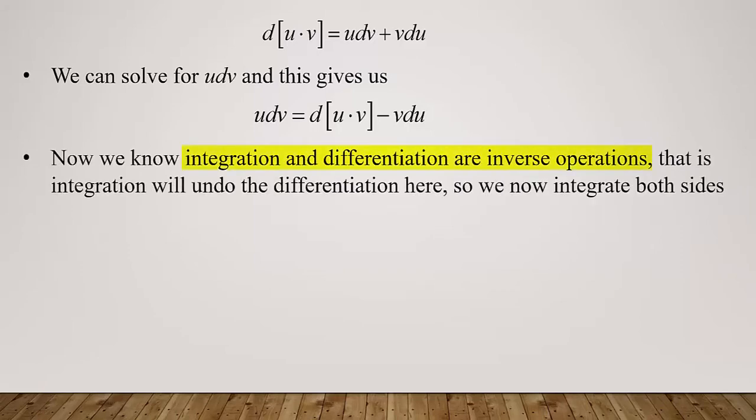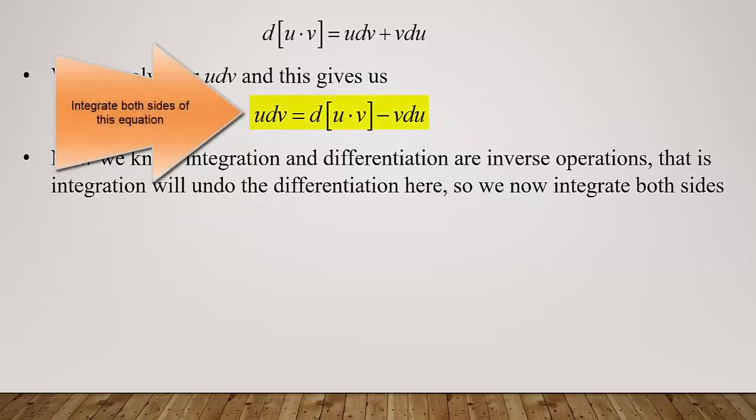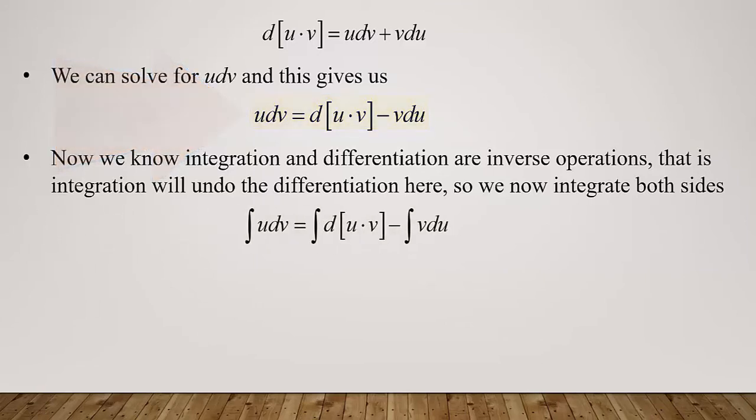Folks, we know integration and differentiation are inverse operations. That is, they undo each other. Integration will undo differentiation. So what I'm going to do now is integrate both sides of that equation, the left side and the right side. Notice when I'm integrating the right side, I'm making use of a property of indefinite integrals.